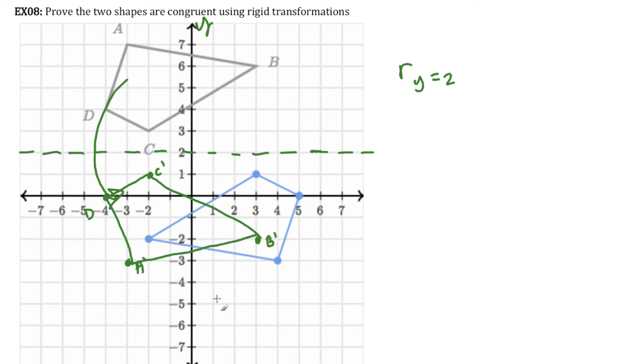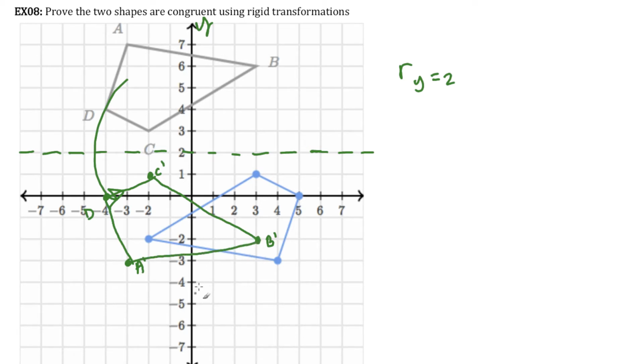Okay, so I mean, maybe I can do that a little better. So, ooh, I don't know why it's slanting like that. A prime, C prime, B prime.